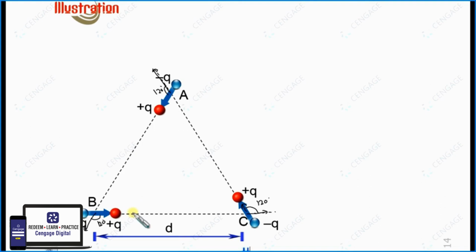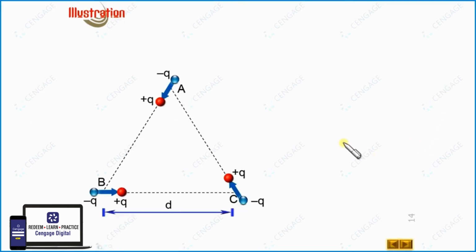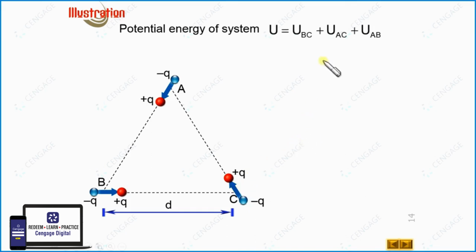So the potential energy of this system is equal to UAB plus UBC plus UCA, right? These three pairs, UBC, UAC and UAB, are the same in magnitude. So let us calculate any one pair.